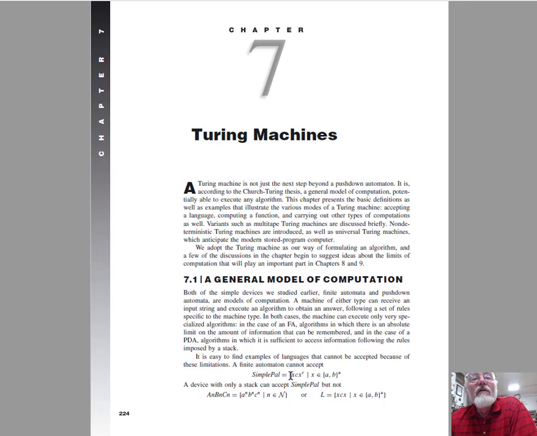It's the set of all strings that start with a string, followed by the letter C, followed by the original string in reverse order. A palindrome is a word that reads the same forwards and backwards, like Ada. In this case, ACA. A device with only one stack can't accept that.